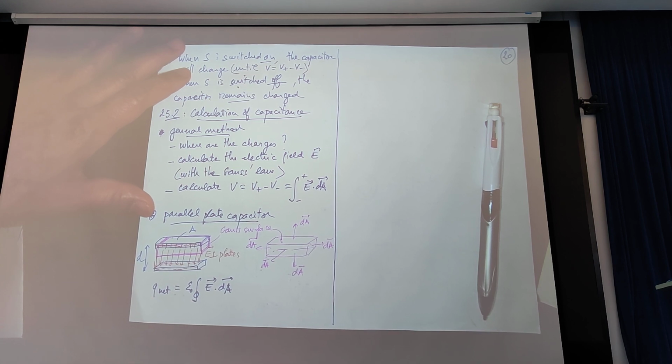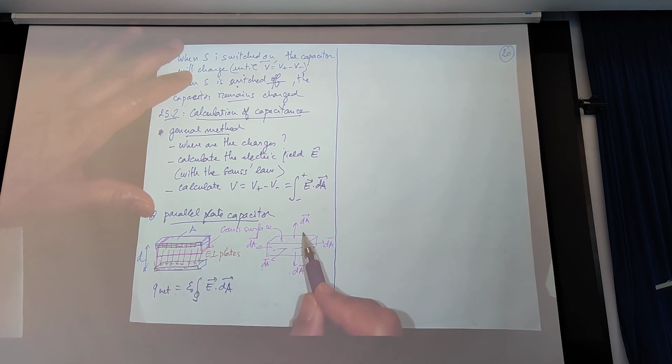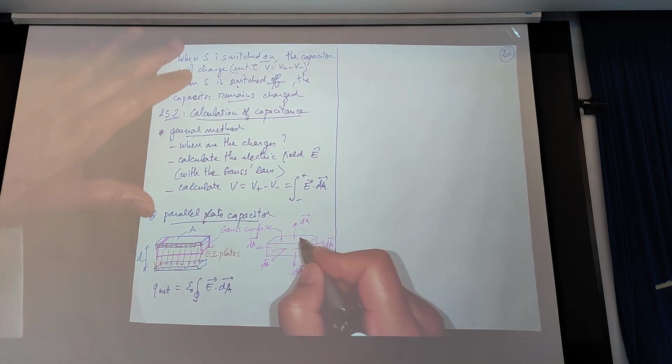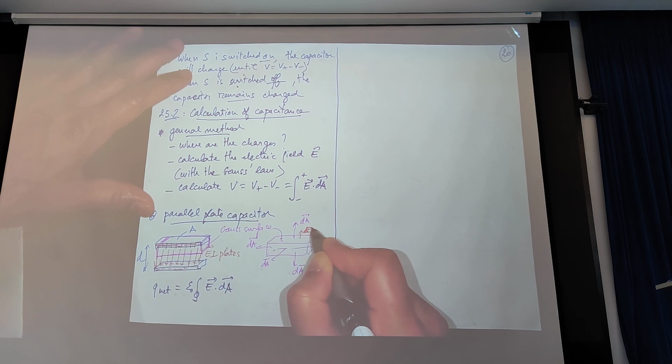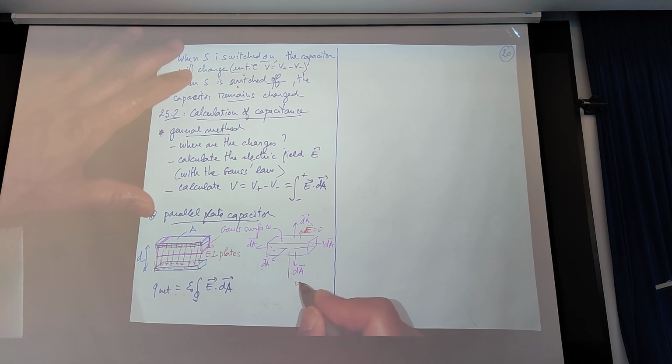Do you remember this? Yes? So if E is parallel to the side of the surface, then E dot dA is equal to 0. And of course, there is no electric field here, so I put E equals 0. But here, E is what you are looking for.